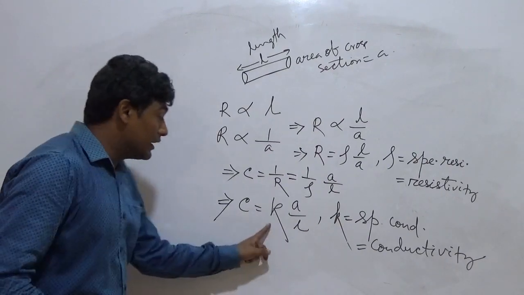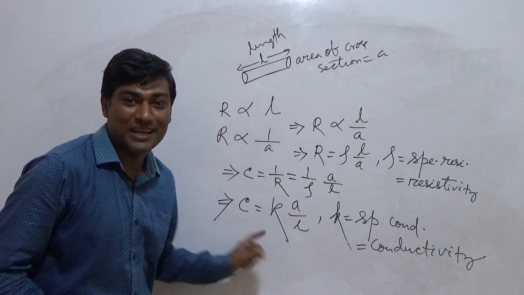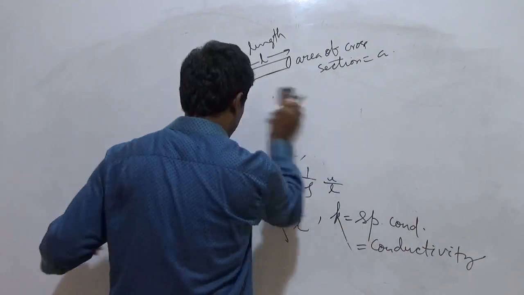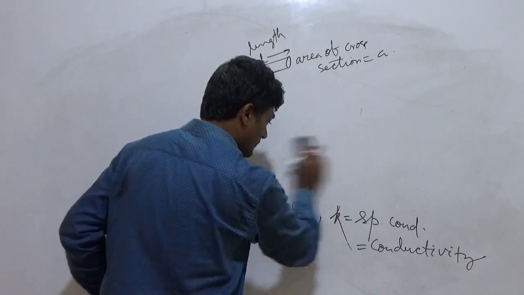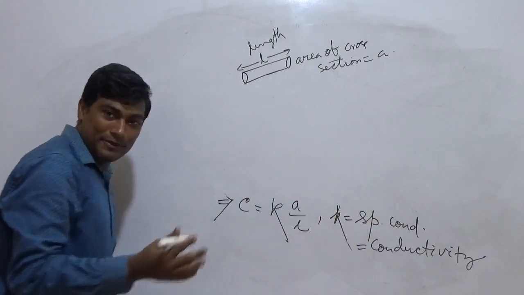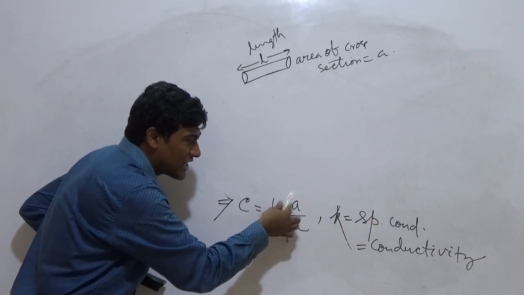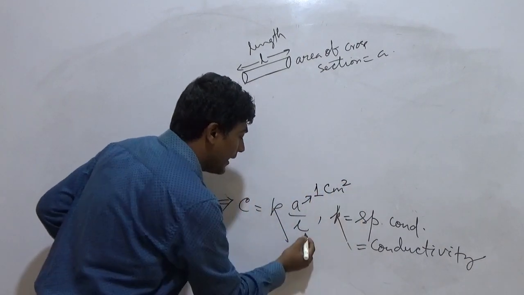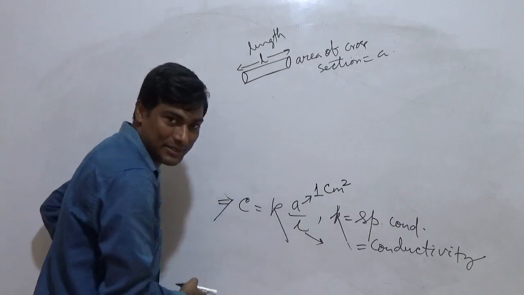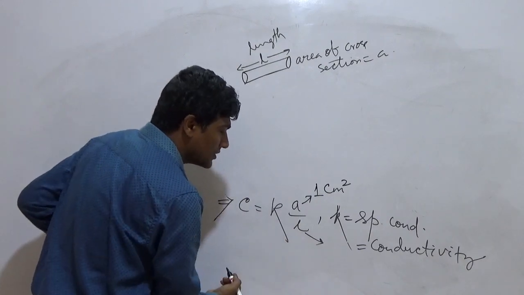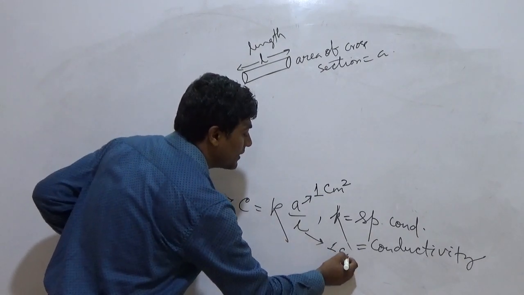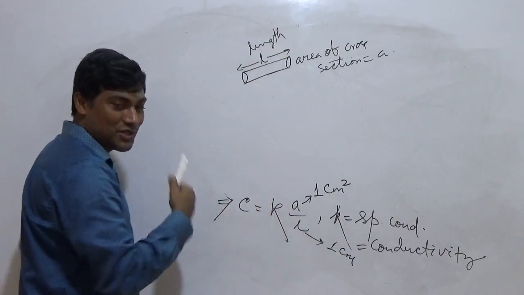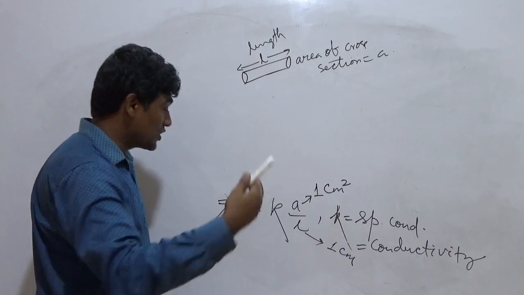So we'll now define this specific conductance. If we take the area of cross section to be 1 centimeter square and length to be 1 centimeter, then A by L becomes 1, so kappa, the specific conductance, becomes equal to conductance.